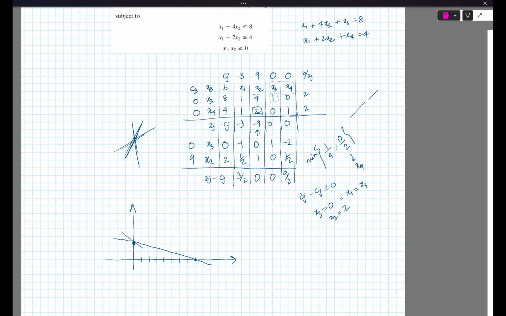So I guess you have this kind of constraint. So here there are three lines. I think this is your feasible region.